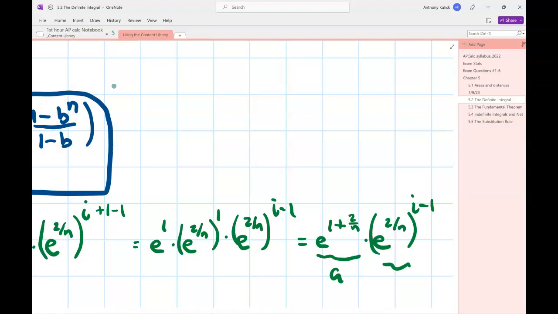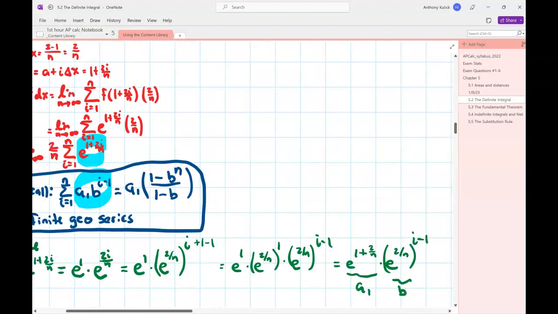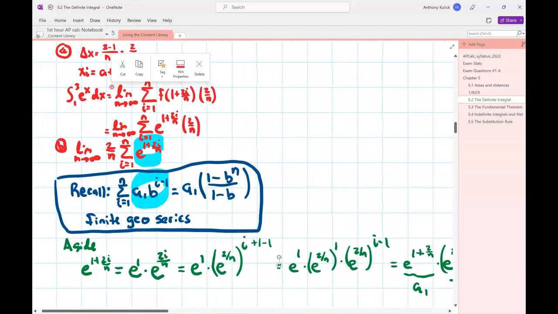Oh, and I guess we called it b over there, didn't we? B. Sorry. Is everybody okay with how I've massaged this thing to get it into the form that I need so I can apply my formula? All right. So I'm going to go back up here.